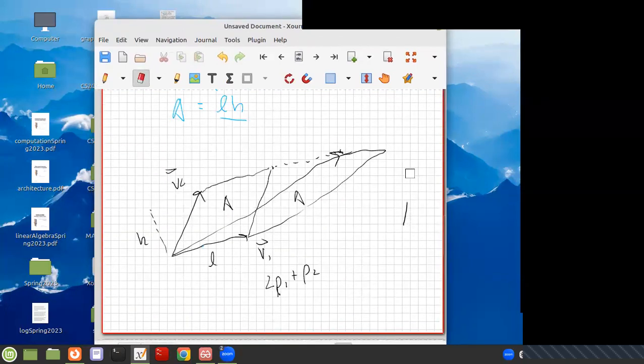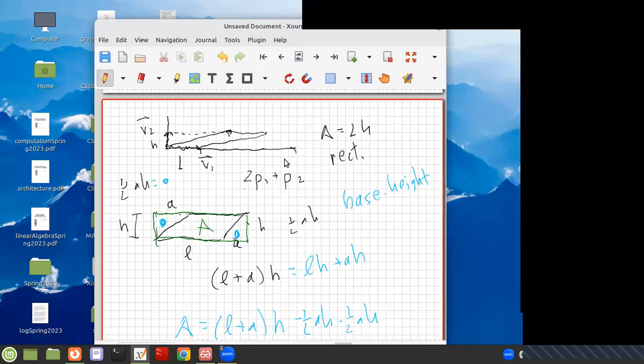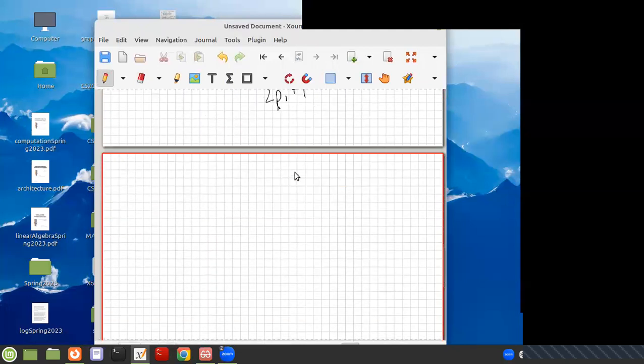Let's say that I have one vector here that in the coordinate system is x1, y1, and another one here that's x2, y2.